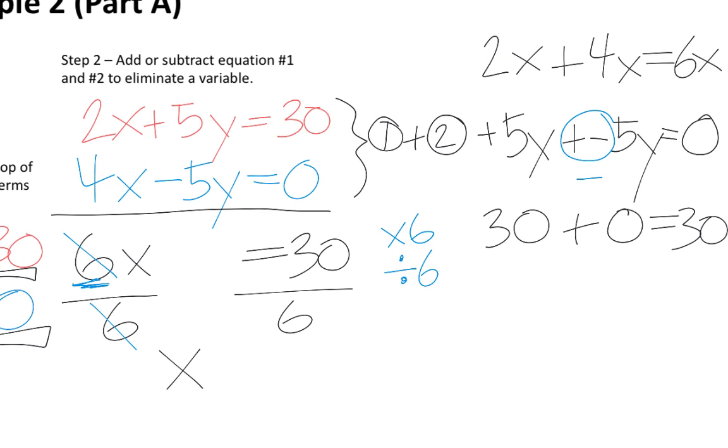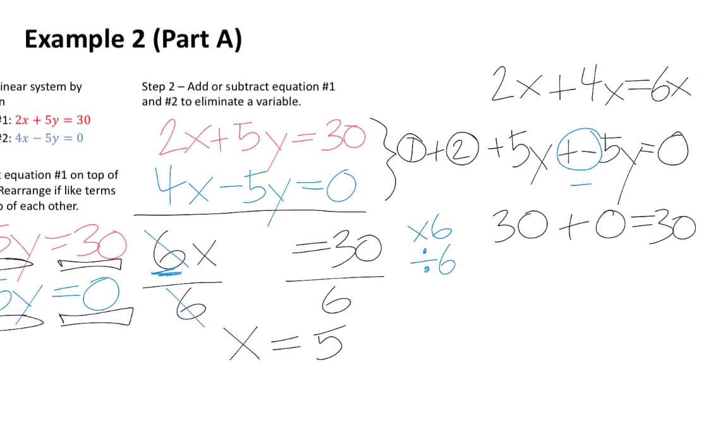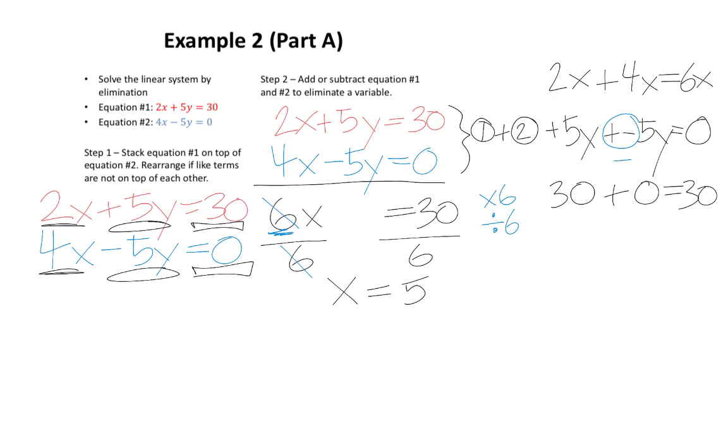Therefore, I'm left with x is equal to 30 divided by 6. You should be able to do that, and that is equal to 5. Therefore, we've eliminated a variable, and we've isolated our variable of x. X is equal to 5. Therefore, we can proceed to the next set of steps.